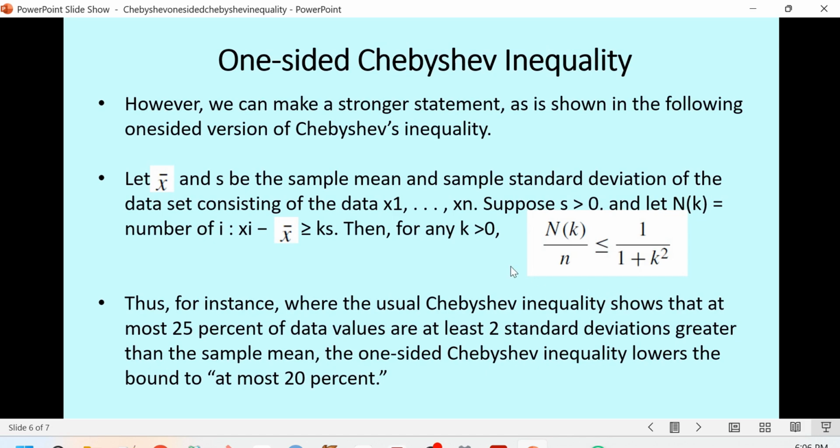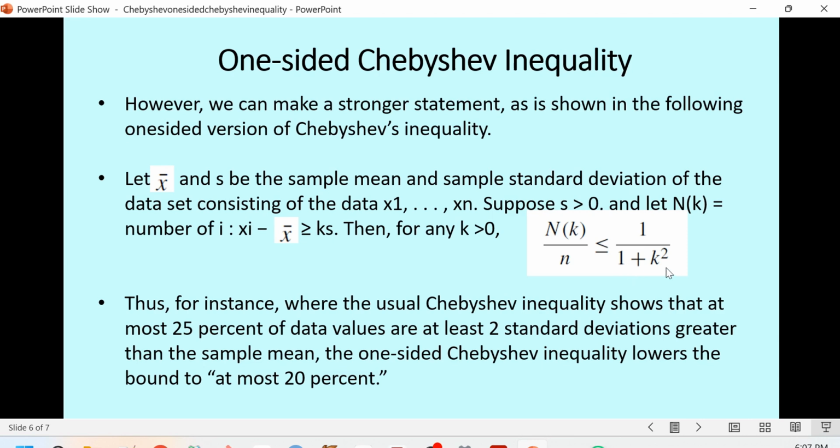But we can get a more accurate, or stronger, statement if we want to know the proportion of data outside of k standard deviations around the mean. Actually, this is just 1 divided by 1 plus k squared. So here we have to add 1.